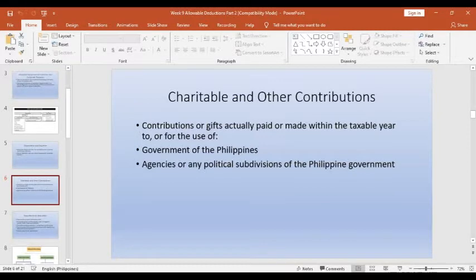But if those taxpayers are donating properties to the government of the Philippines, that will be exempt from the donor's tax because it is a transfer for public use, but this is an allowable deduction to the gross taxable income of the taxpayer once they donate those objects or properties to the government of the Philippines or government agencies, even the political subdivisions of the government.